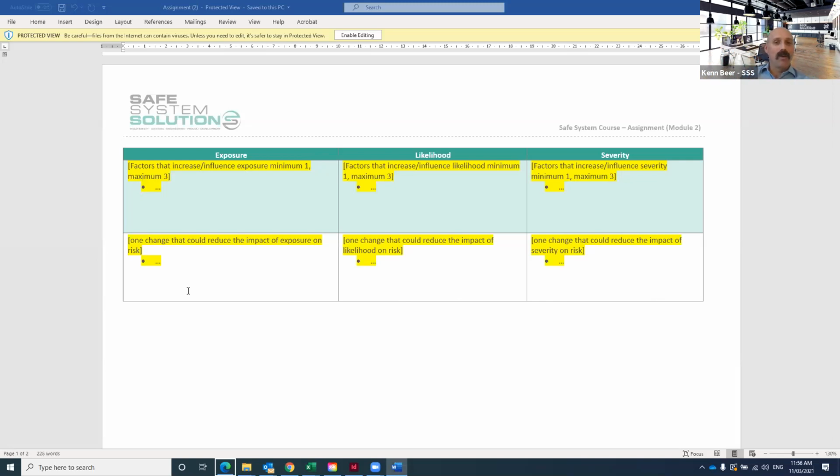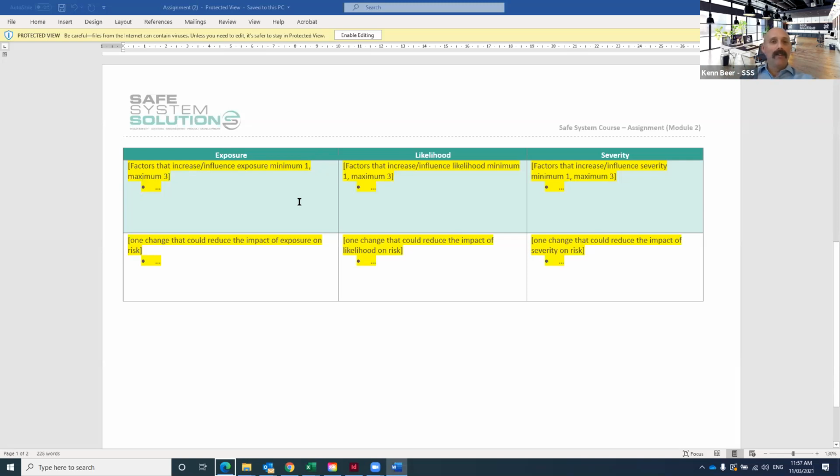The next one, how would you influence the likelihood of people crashing? And the next one, how will you influence the severity of people crashing? For the first one, the green shaded row, we're going to look for between 1 and 3. So you can just stick to just one thing on all of these. You could go up to 3 if there's lots of things you want.